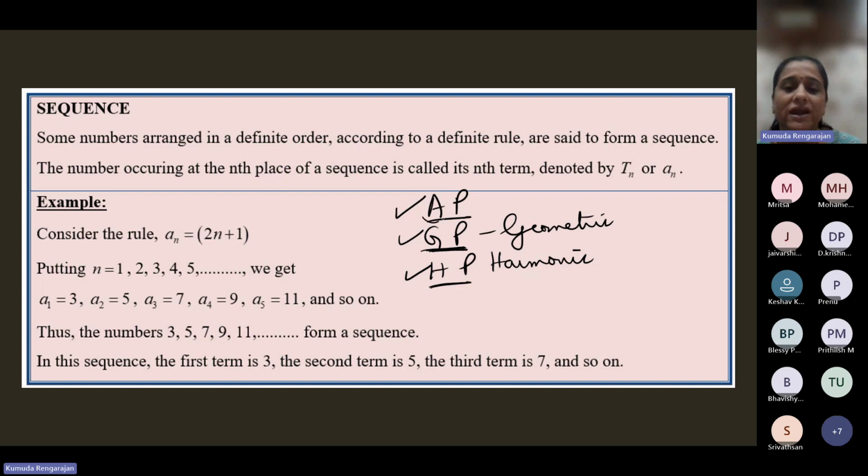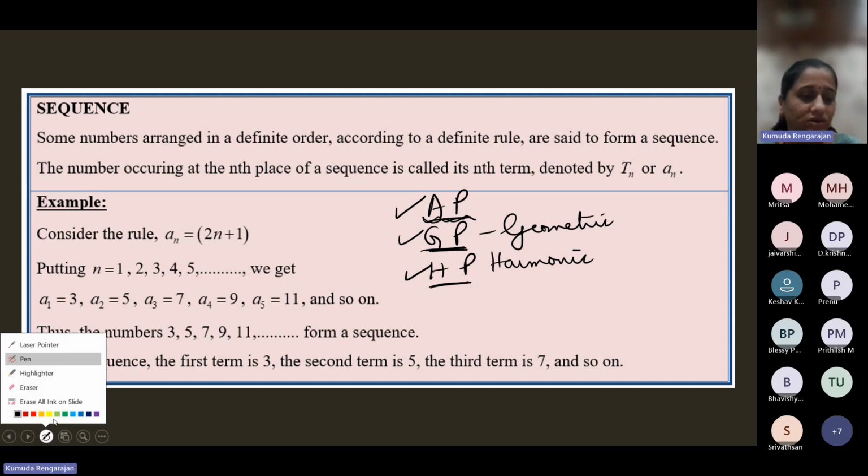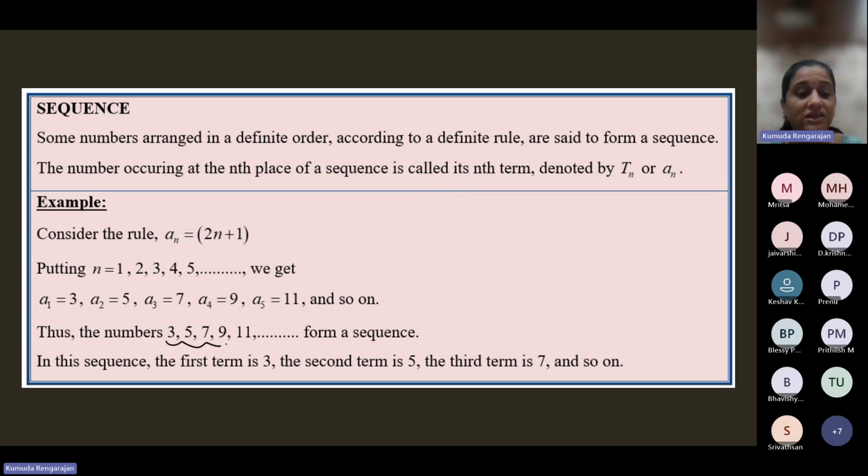Now we'll be learning the criteria for a sequence to be called an arithmetic progression. Here in this example, these numbers are said to be an arithmetic progression. Why? Because the difference between any term and its preceding term is a constant.